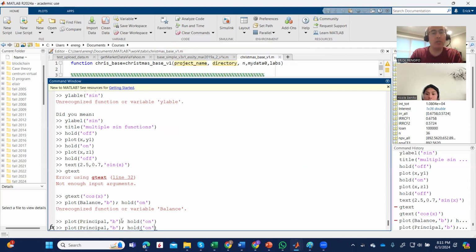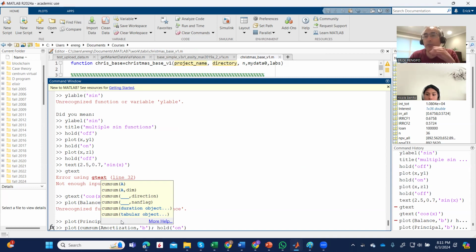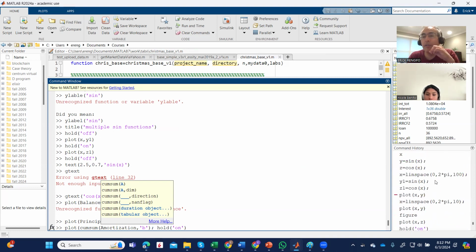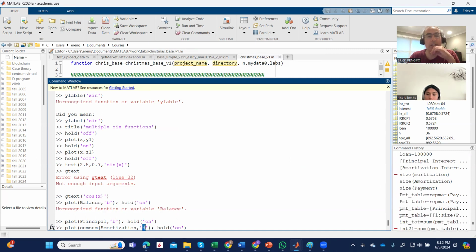I'm in a hold on. So I will plot the cumulative sum of, how do we call it? Amortization, I think. I don't remember the name. Let's check. Amortization, yes. And then let's call this perhaps what color?